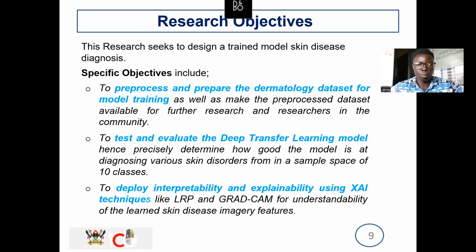The whole point is to determine how good the model is at diagnosing the 10 disease classes, and then to deploy interpretability and explainability using explainable AI techniques like LRP and GradCam for understanding of the learned skin disease imagery features.